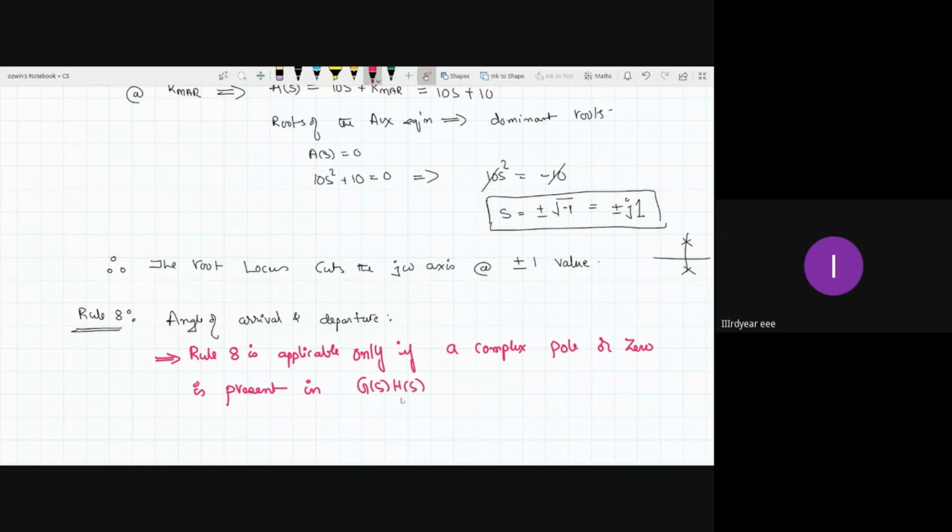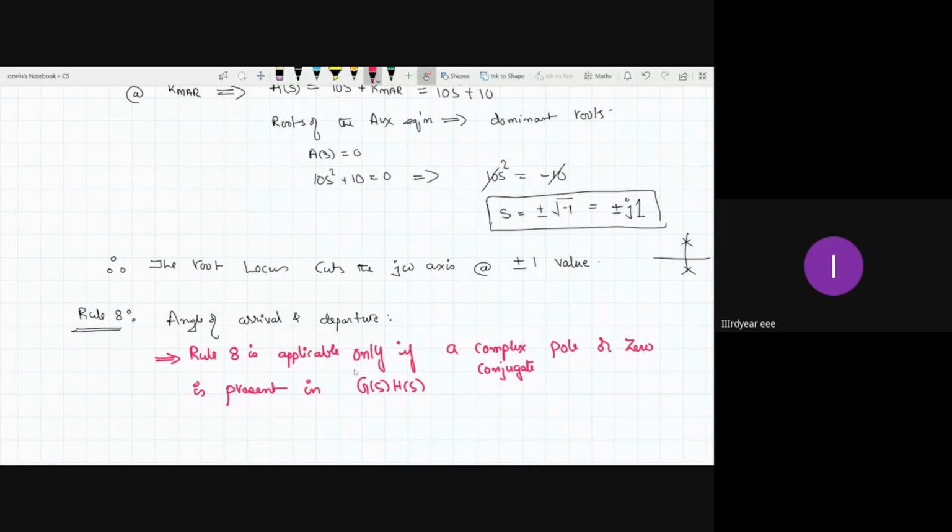Rule 8 is applicable only if a complex conjugate pole or zero is present, and that makes sense because they appear in conjugates, in the open loop transfer function G of s into H of s. Now, in the given problem, you don't have any complex conjugate pole or zero.